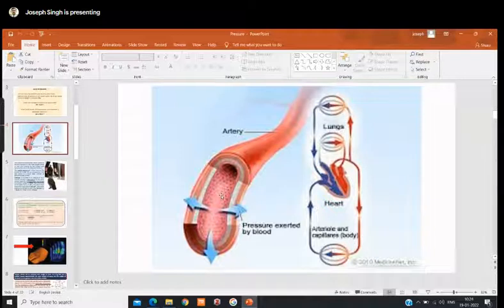So due to the blood pressure, because you are taking more stress, you are going to get injury to the arteries or veins. Basically artery only, because in veins the pressure is not that much compared to the artery. Artery is having more pressure compared to the veins. Okay?